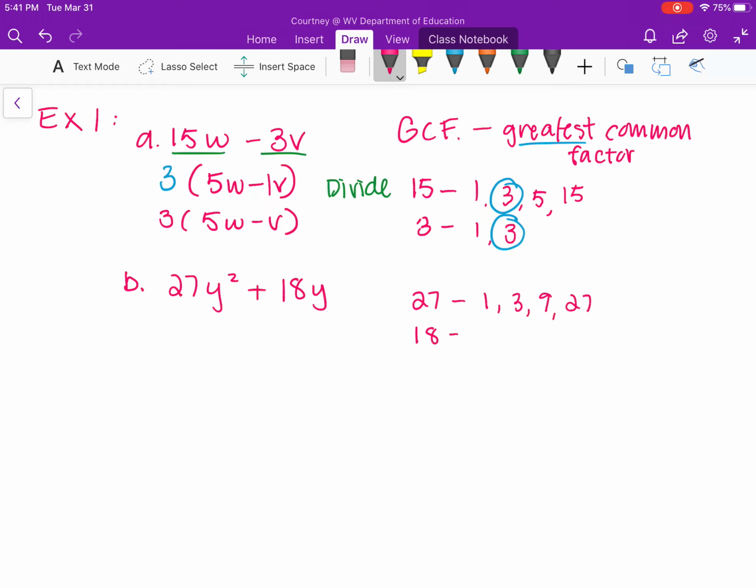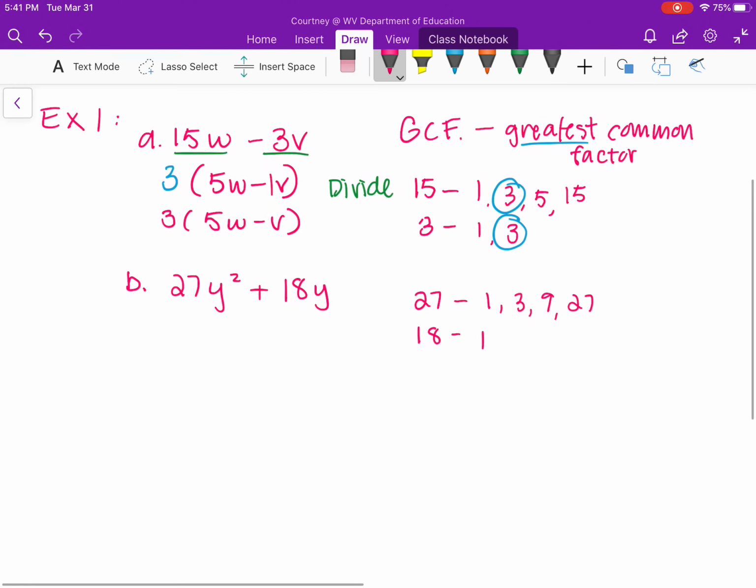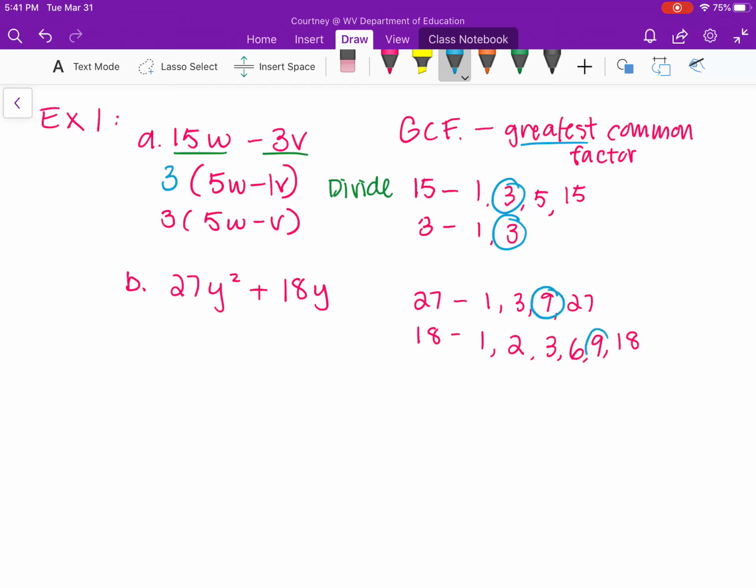All of those things multiply to get 27. For 18 we have 1 and 18. We have 2 times 9 and 3 times 6. So now we have to find the biggest one that they have in common, and that is 9. So 9 goes here on the outside. Then make your parentheses.